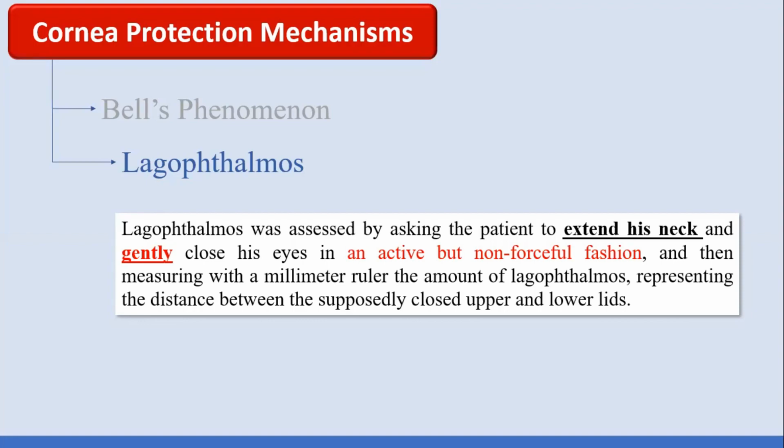Gently close his eyes in an active but not forcible fashion. So the reference is stressing the importance of gentle closure without any forcible fashion. Then, because this is a research paper, they are trying to document every finding, so they measure the amount of lagophthalmos by a ruler to see how much of the globe is exposed between the upper and lower eyelids.